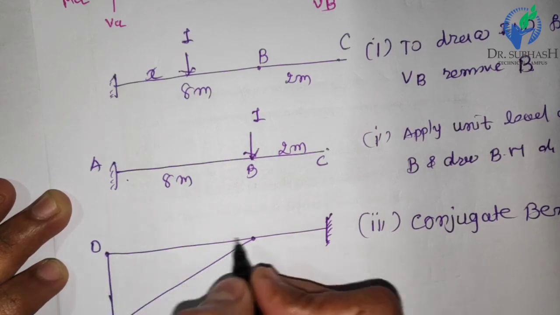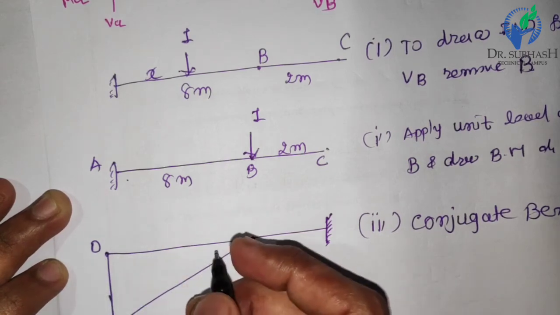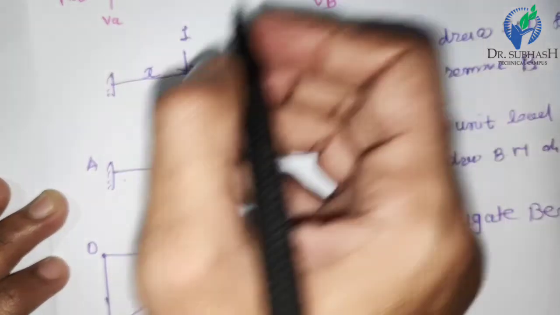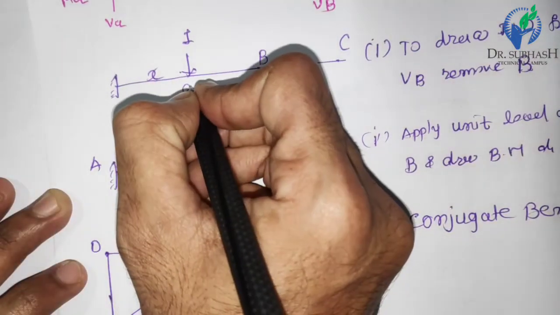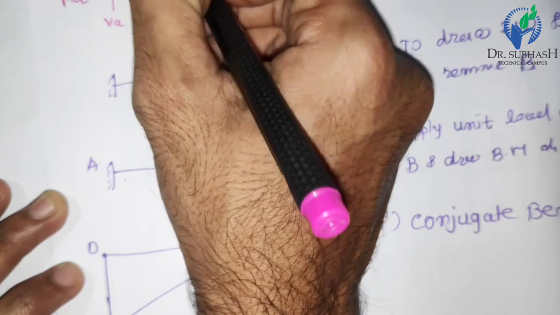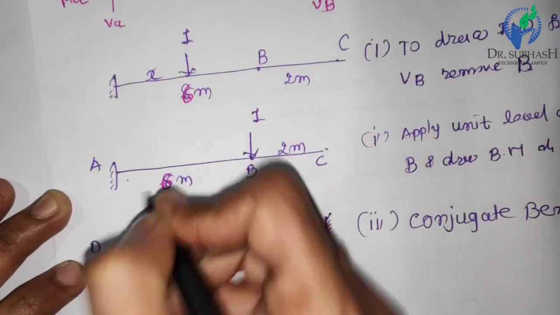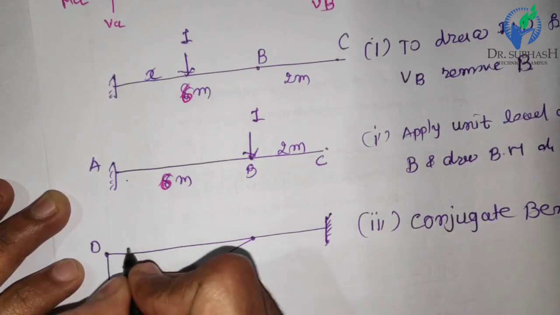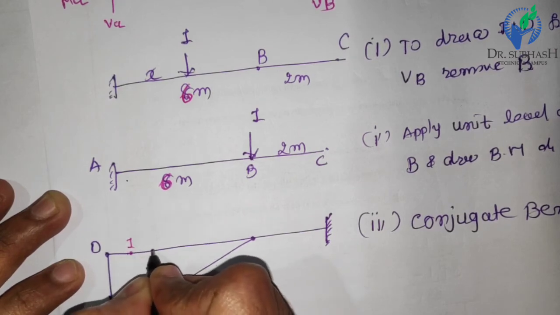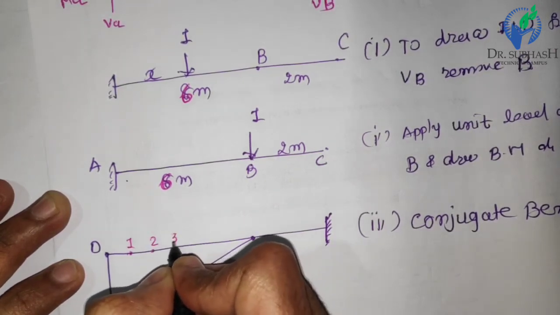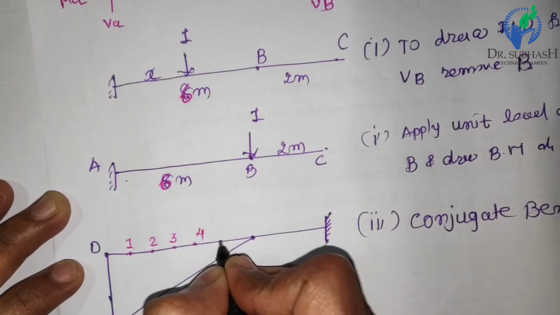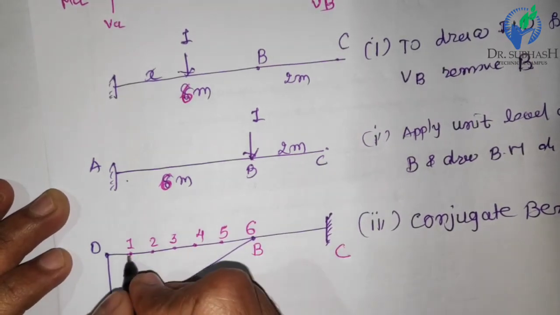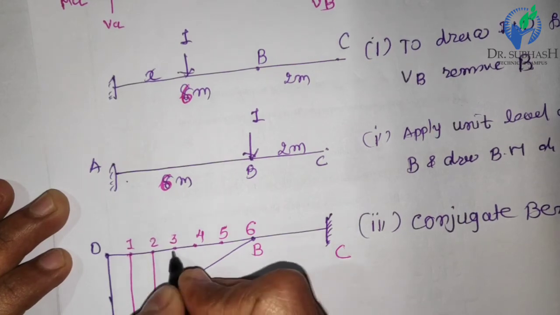So this 0 to 8 is not given in the data, but if we take a 1 meter interval, sorry, this is 6 meter, it's not 8, because here it is 6. So for 6 meter we get 6 parts of our diagram: 0, 1, 2, 3, 4, 5 and exactly at B it should be 6. So I divided it into 6 parts of 1 meter interval.